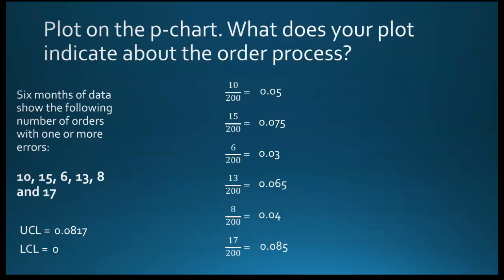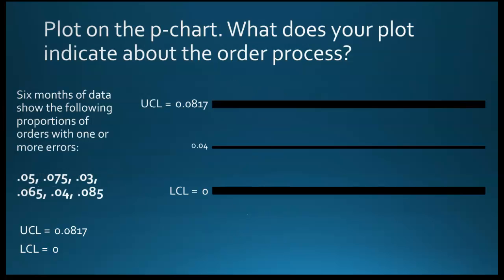So if you are given data like 0.05 and 0.075, a bunch of proportions, a P chart will work better for you. If you are given data like 10, 15, 6, and 13, then an NP chart will save you this extra step. But we found our proportions, so let's plot them on this P chart.